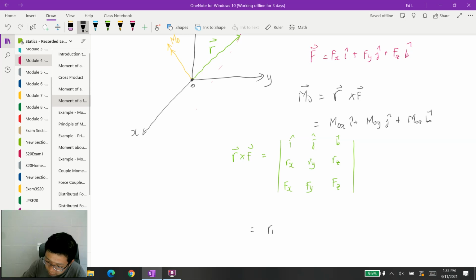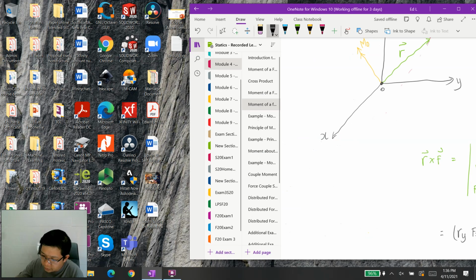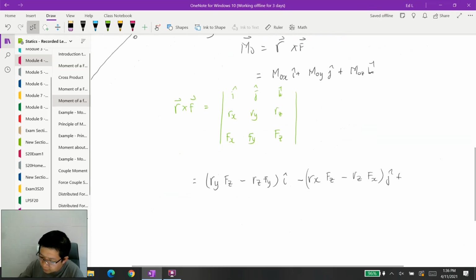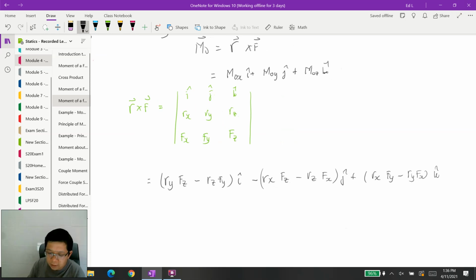So we will have Ry Fz minus Rz Fy i, minus Rx Fz minus Rz Fx j, plus Rx Fy minus Ry Fx k.